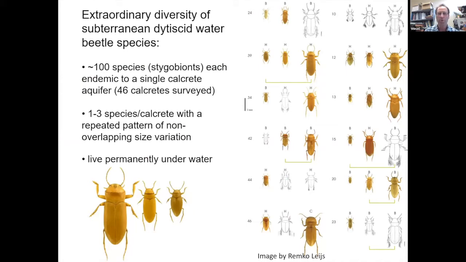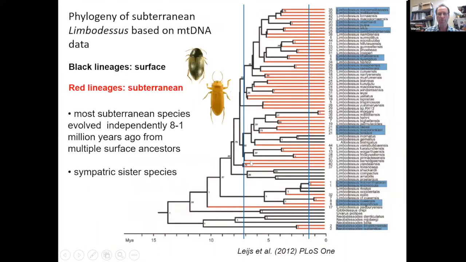These are water beetles that are incredibly diverse, in that there are now 100 species known from about 46 different calcrete aquifers. And there are between 1 and 3 species in each calcrete, and they have a very interesting non-overlapping size variation. One other interesting aspect of them, discovered by Chris Jones, is that they're living permanently underwater, so they're respiring from the water in contrast to surface species.